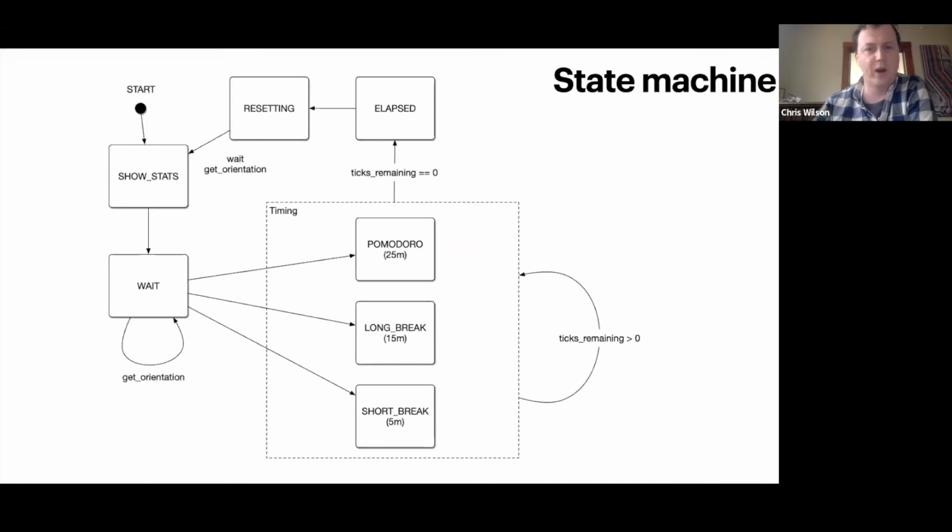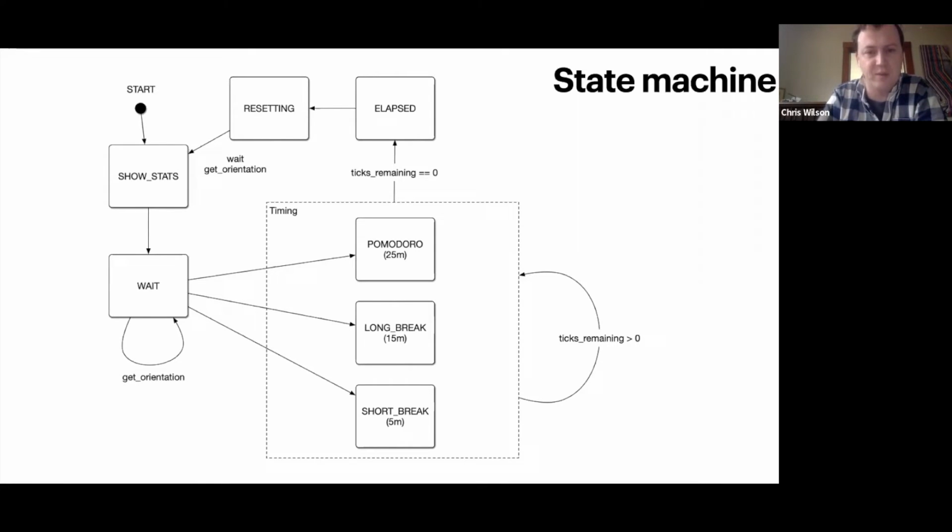So the firmware is basically a big state machine. You can be in this waiting state where it's reading the accelerometer from time to time, checking to see if the orientation has changed.